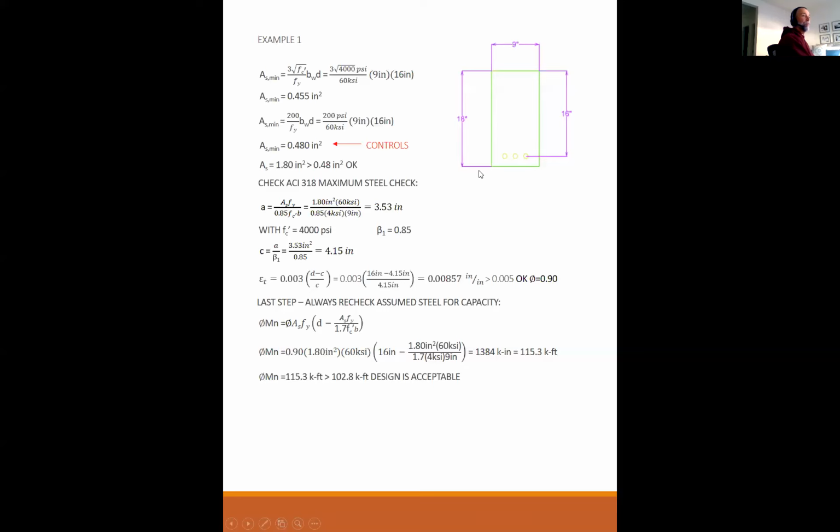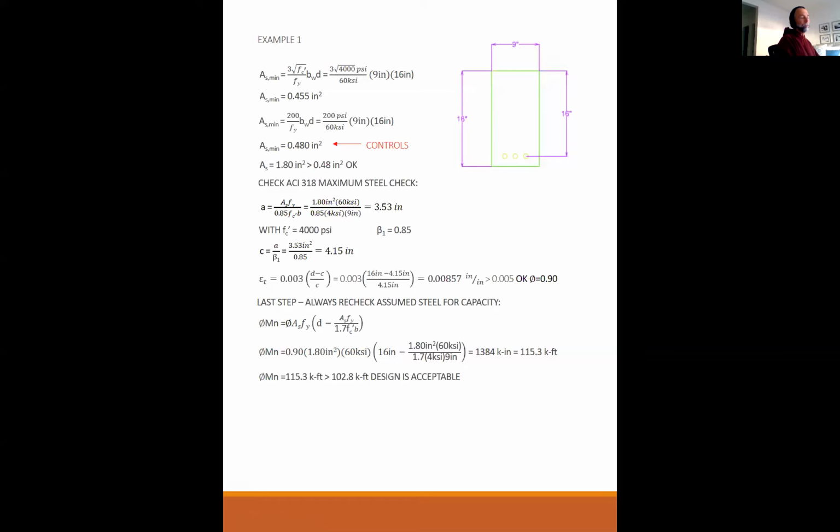And if you have too much steel, then epsilon sub t will be too small. So we always check maximum steel by checking epsilon sub t and making sure that it is greater than 0.005, or 0.004 with some penalty.